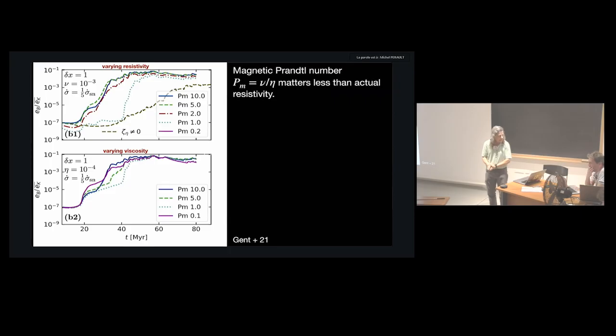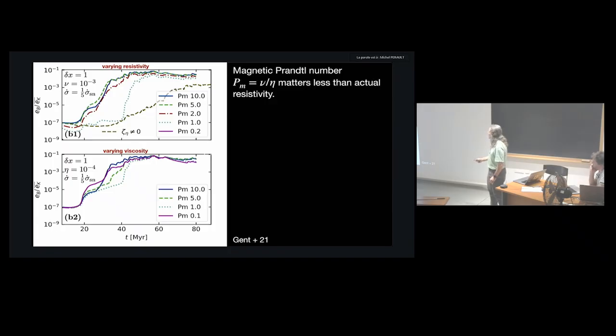Okay, the magnetic Prandtl number has been hypothesized to control the dynamo. We did not find that. What we found is that it's the actual magnetic Reynolds number that's important. So if we vary the resistivity to change the Prandtl number, holding the viscosity constant, we get dramatic changes.